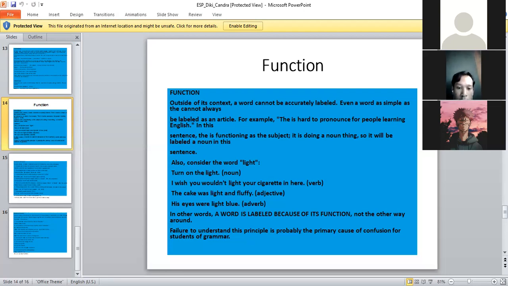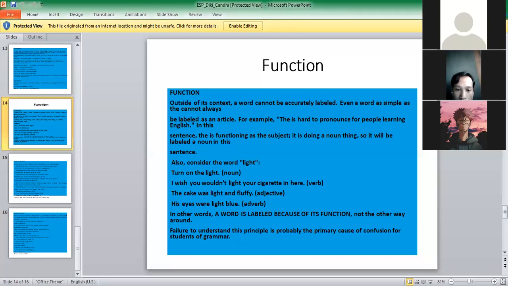The cat was light and fluffy: adjective. His eyes were light blue: adverb. In other words, a word is labeled because of its function, not the other way around. Failure to understand this principle is probably the primary cause of confusion for students of grammar.